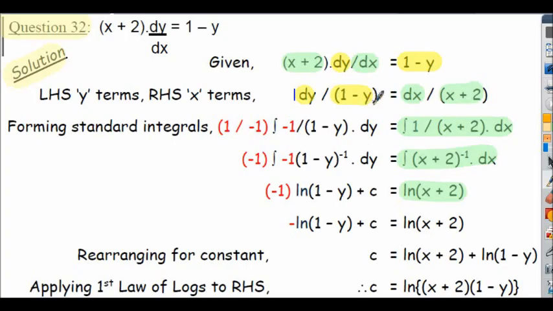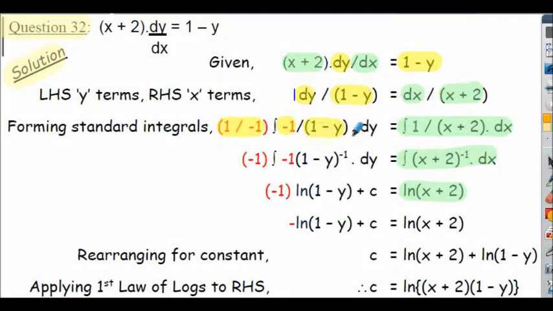So to make the standard form work, we have to place a negative 1 in the numerator of the integral. But because we're multiplying the top line by negative 1, it means we also have to divide the bottom line by negative 1. So I have this fraction of 1 divided by negative 1 outside of the integral to effectively cancel the negative. So the integral becomes negative 1 divided by 1 minus y.